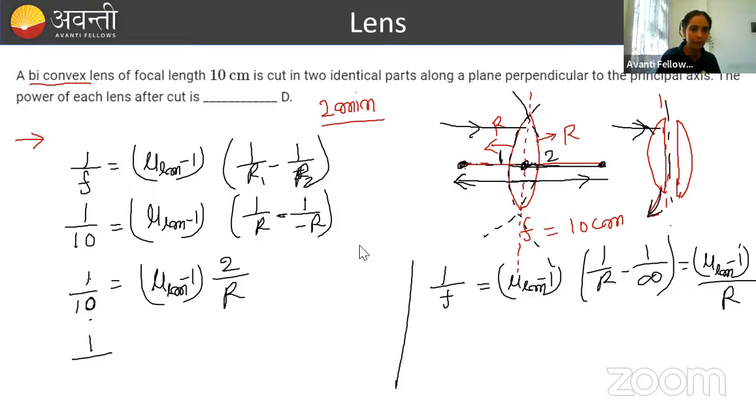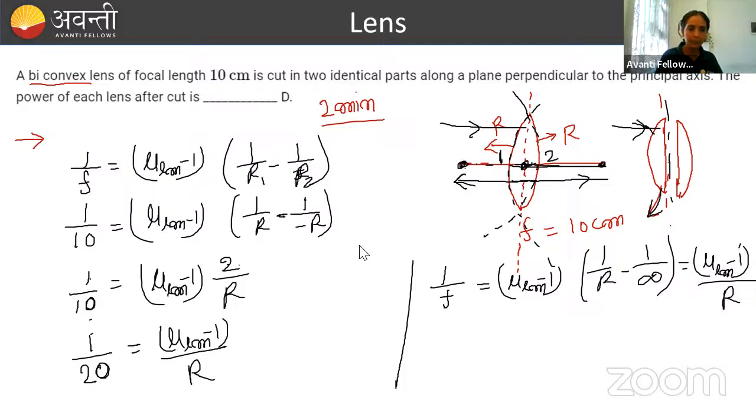If I go on to write this, 1 by 20. If 2, we are going to bring it here, it will become how much? 1 by 20 is equal to mu L minus 1 by R.